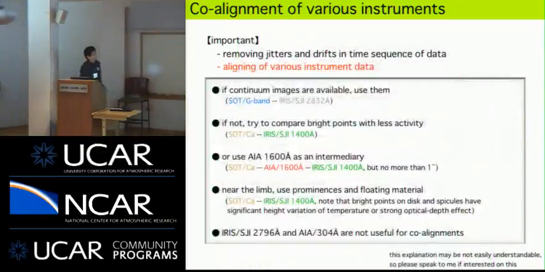For example, alignment between calcium and 1600, and then between 1600 and 1400 in IRIS data, and combine these. But with this way, the accuracy is no better than 1 arcsecond because this limits the value.